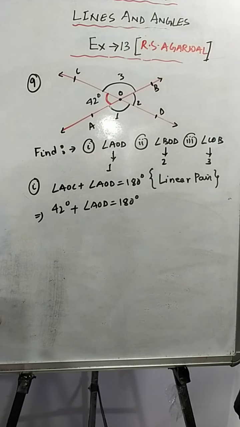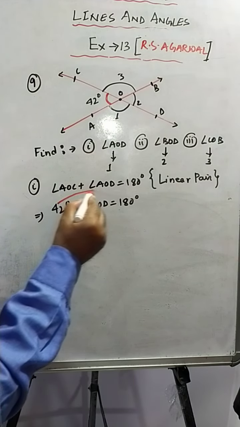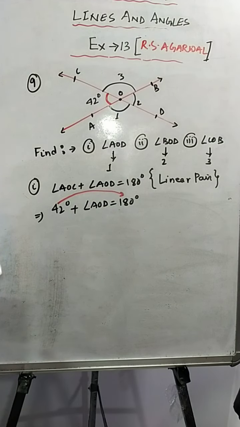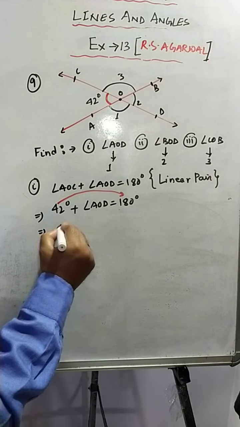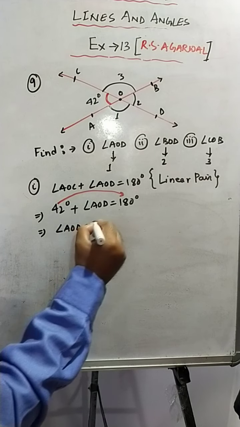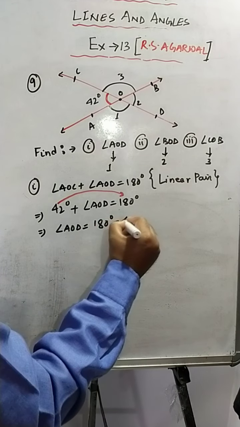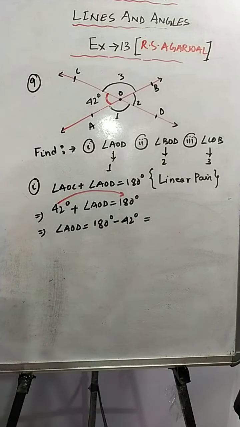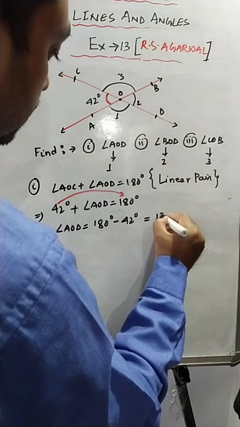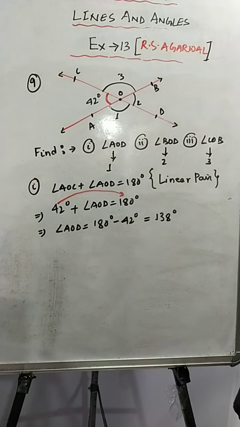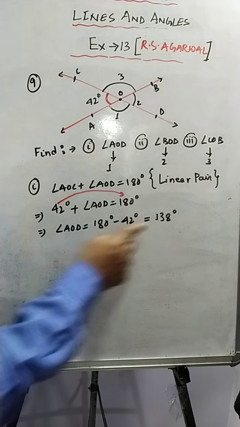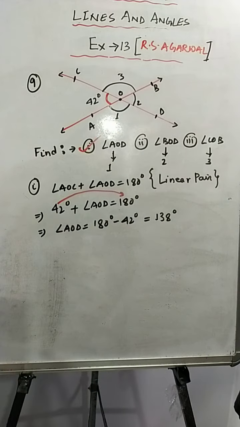Now we'll transpose 42 degree towards the right hand side. So angle AOD would be what? AOD would be 180 degree minus 42 degree, and that would be equal to 138 degree. Okay, so the value of AOD is 138 degree. So this part is done.